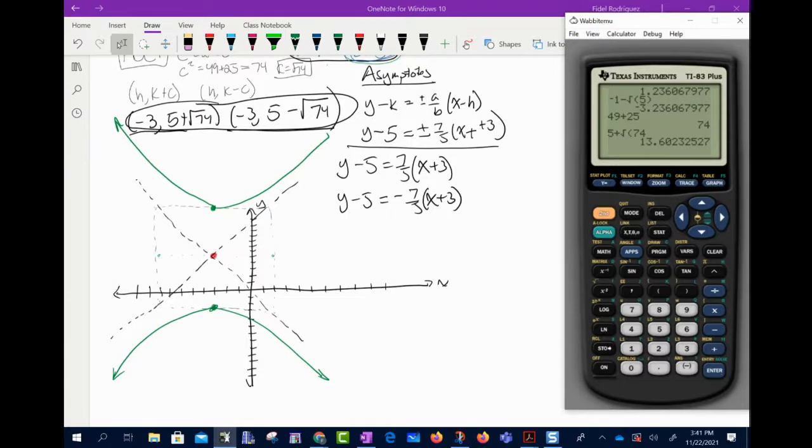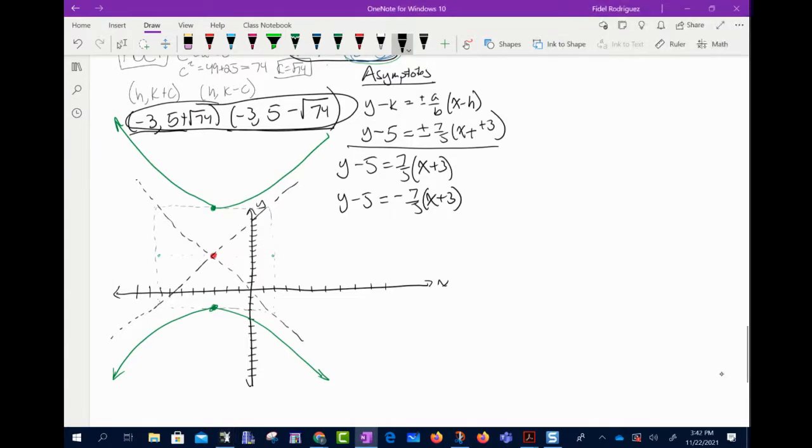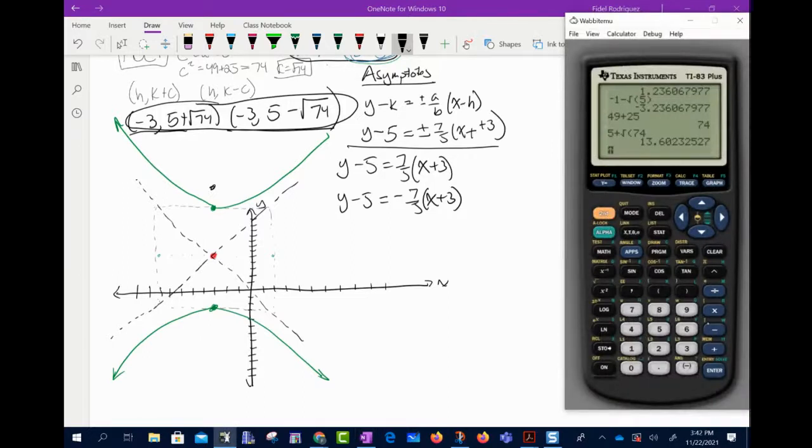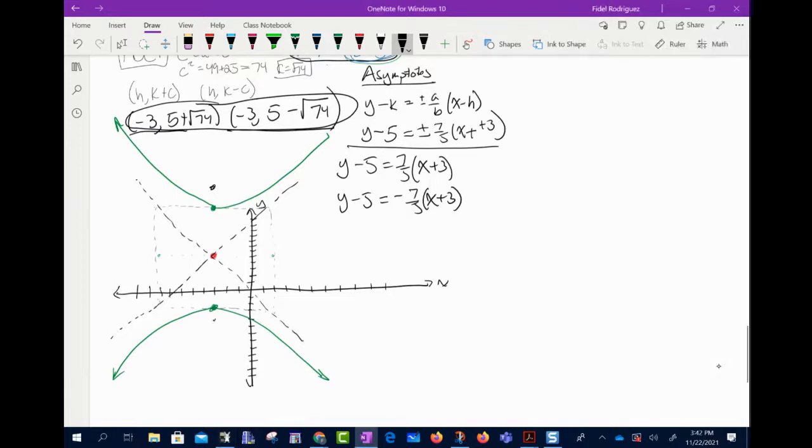So negative 3 and 13.6. This point here was 12, so 13.6 is a little bit more. And then let's do the same thing, except instead of plus, we're going to go minus. 3.6, so negative 3.6, right about there. And those are my foci.